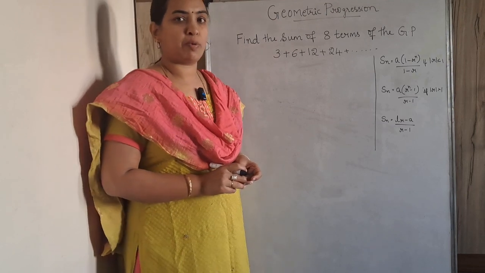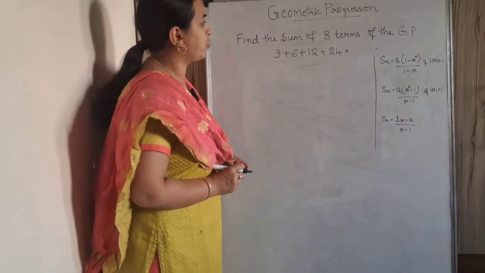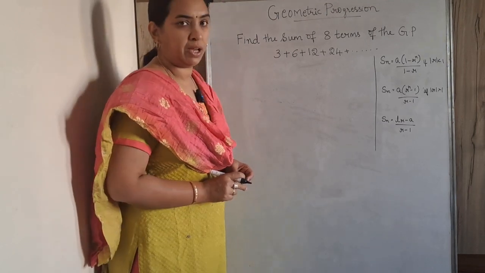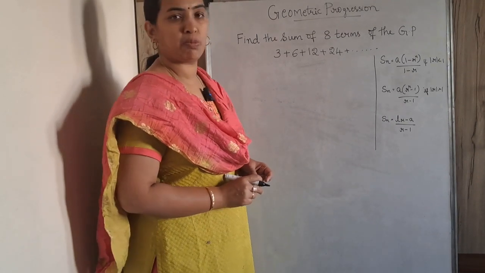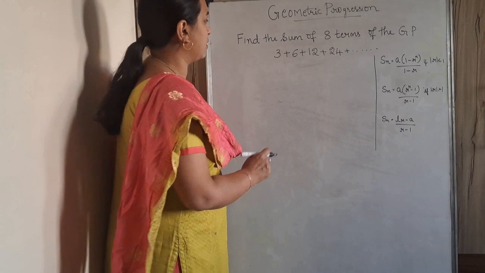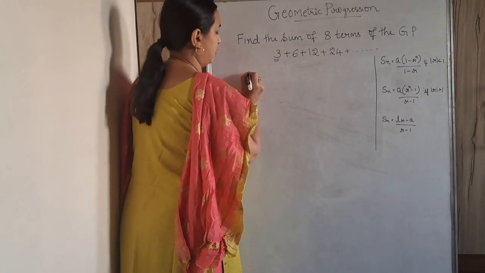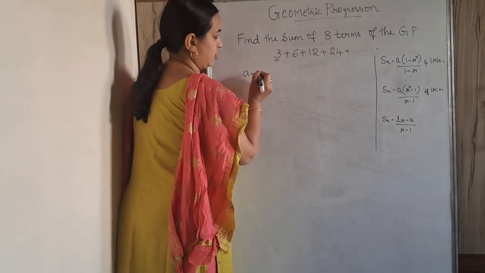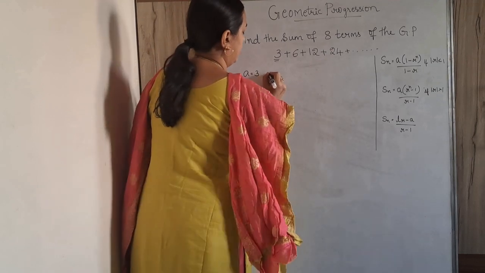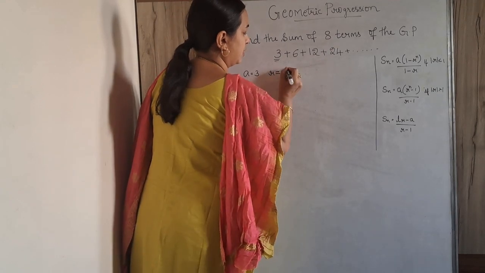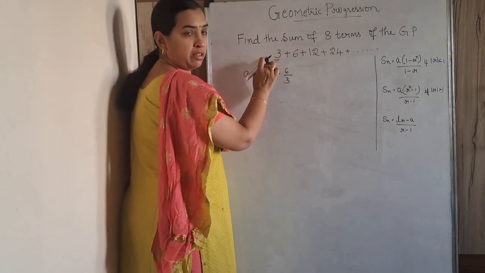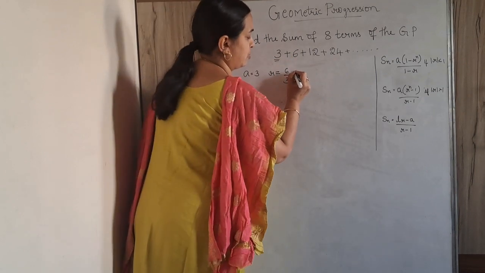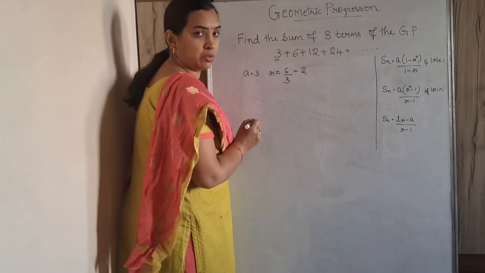So the first problem is: find the sum of 8 terms of the GP, and they have given the sequence 3 plus 6 plus 12 plus 24 plus etc. Here the first term is 3 and you need to find the common ratio, that is 6 by 3. Divide the second term by the first term, which will be equal to 2.